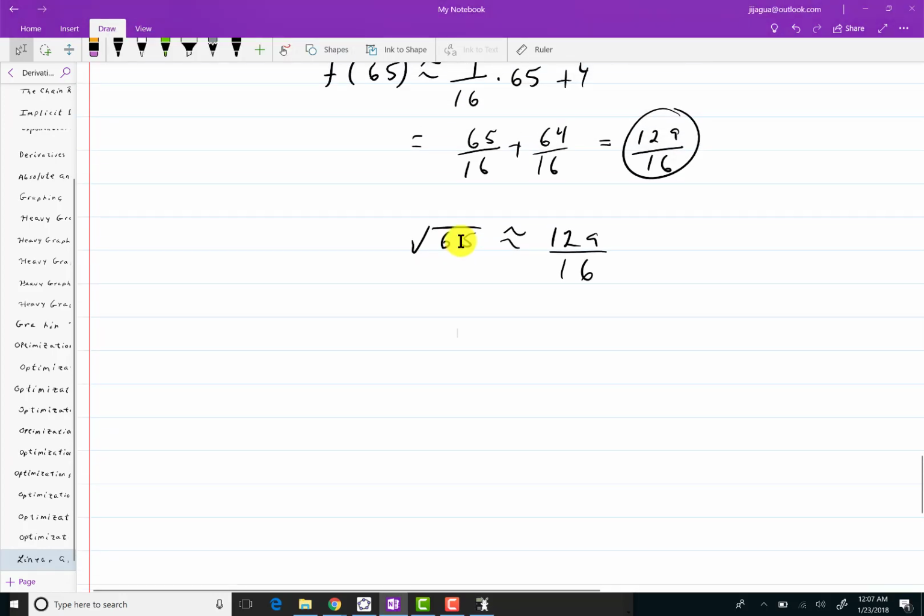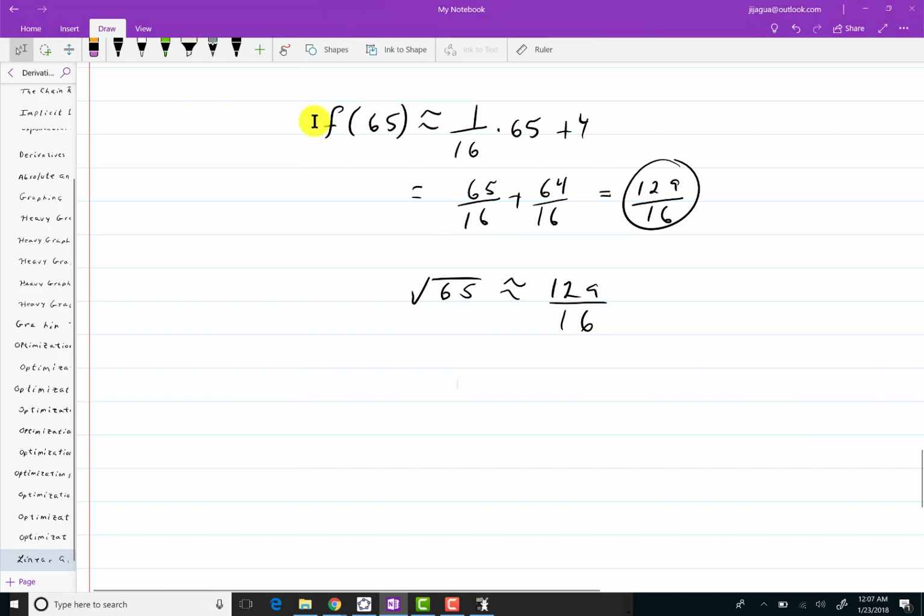If I wanted to, I could probably get somewhere around the square root of 66, for example. That's still not far away from 64. So that's approximately 1 over 16 times 66 plus 4. In this case, 66 plus 64 will be 130 over 16.